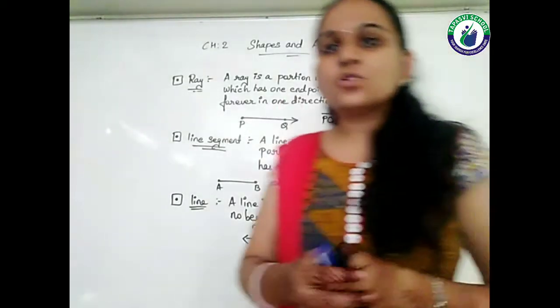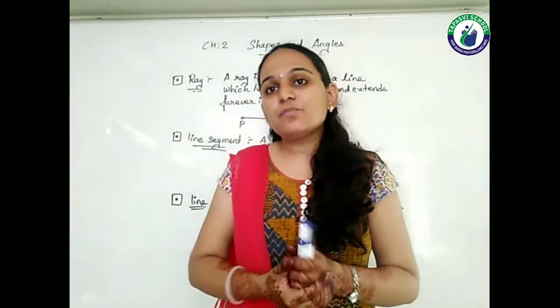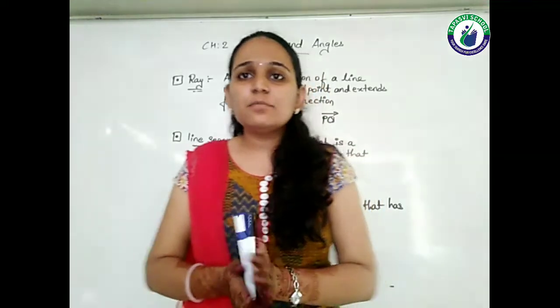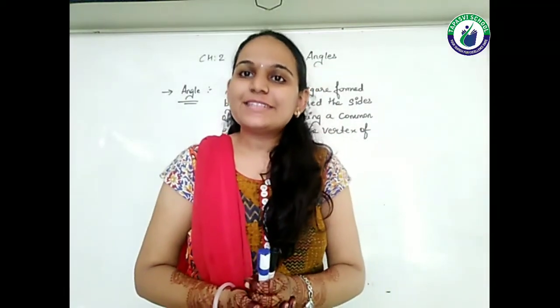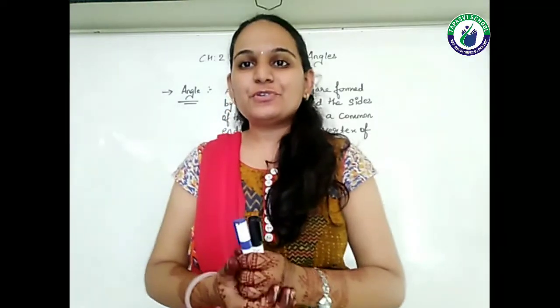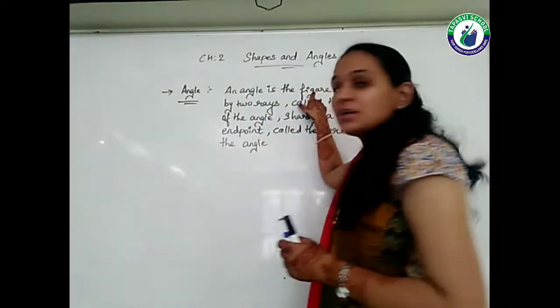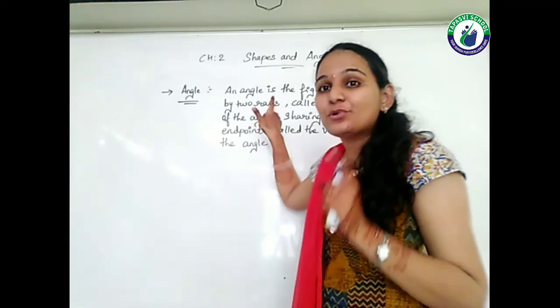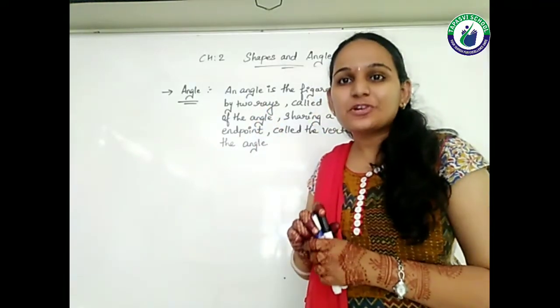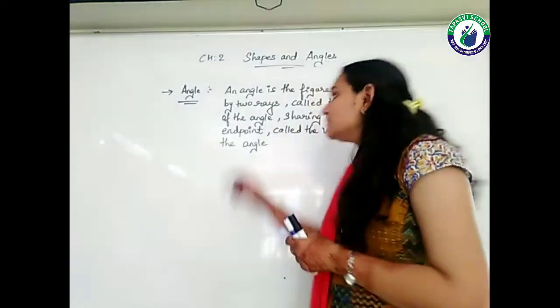This is the total clarification of the things you really need to understand before jumping to angles. Okay students, now let's understand the angle, which you must be waiting for, right? An angle is the figure formed by two rays. That's why I told you that first I will explain the terminology, so that you can understand the definition of angle.